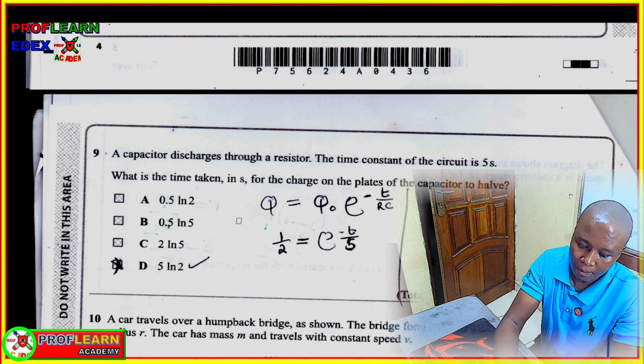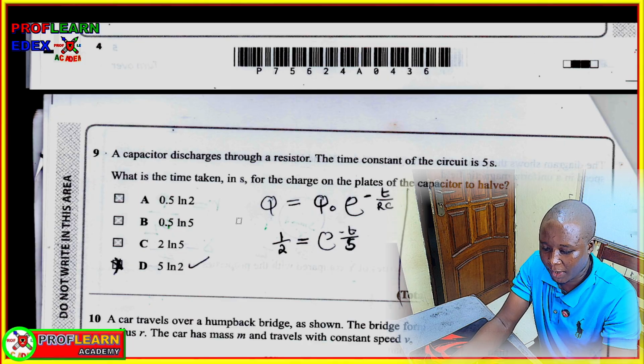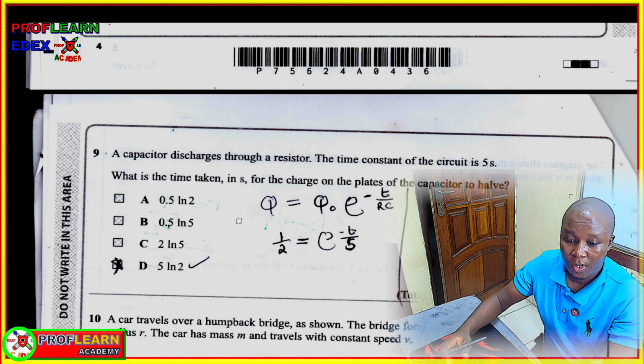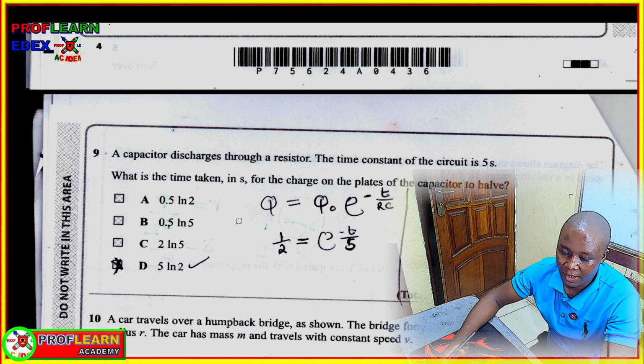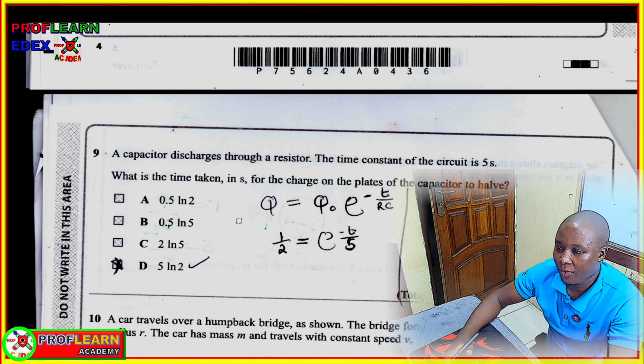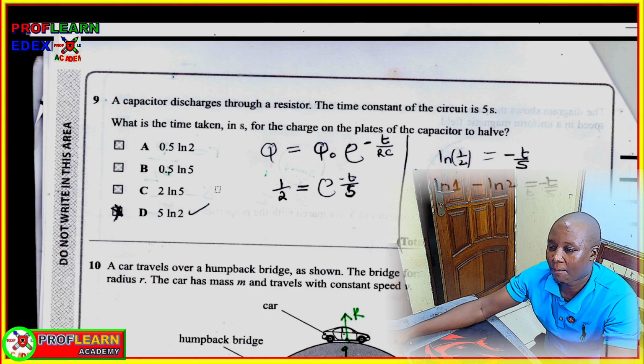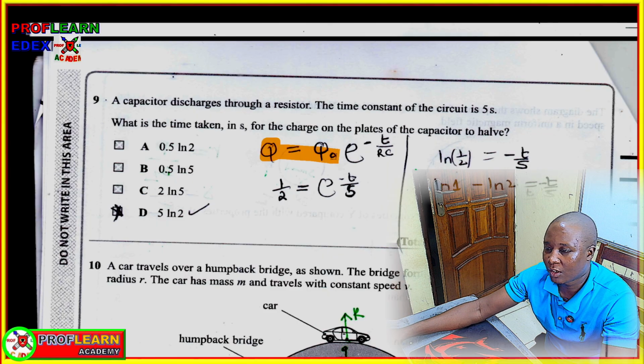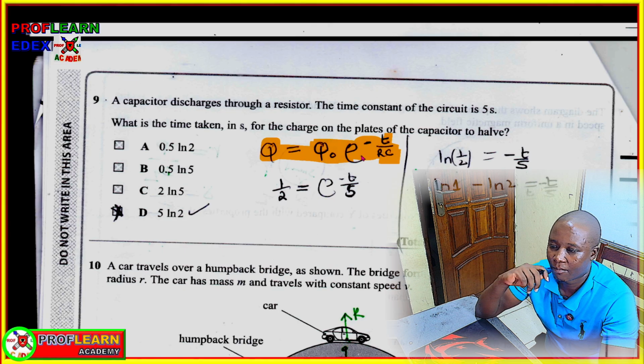In question number 9, we are told that a capacitor discharges through a resistor, and the time constant of the circuit is 5 seconds. What is the time taken in seconds for the charge on the plate of the capacitor to halve? In order to work this out, you need to remember that the charge remaining is equal to the initial charge times e to the negative t over RC.